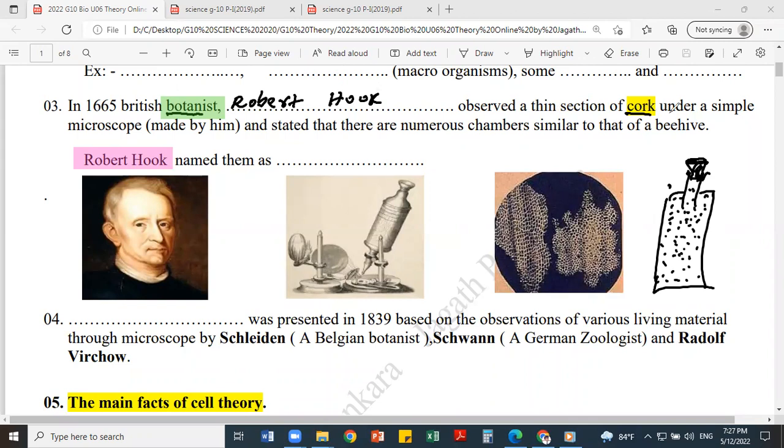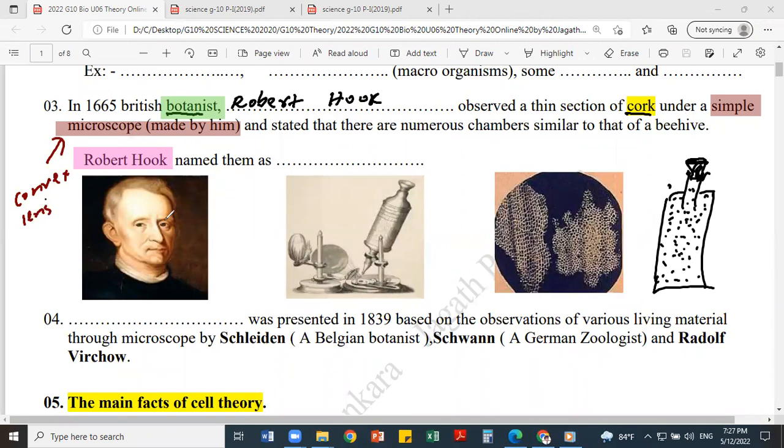He observed a thin section of cork. I have highlighted cork, under a simple microscope made by him. A simple microscope means a magnifying glass or hand lens. In other words, a simple microscope has only one lens. So you can write here, it's a convex lens actually. Sometimes we use that as a magnifying glass in daily life.